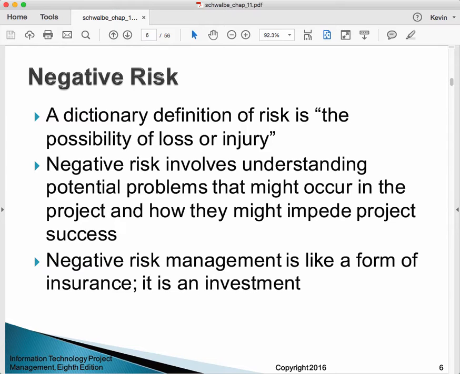That has some cost, but that's going to make us whole in the case that the negative event should come to pass. So this working to control the risk, our investment in that, is like the kind of action we take when we buy insurance.